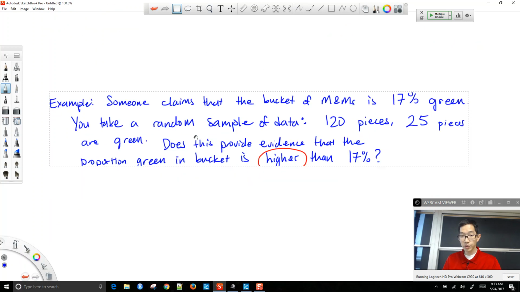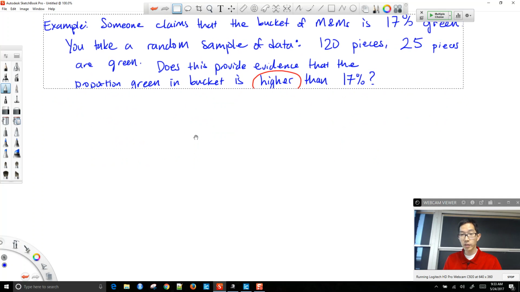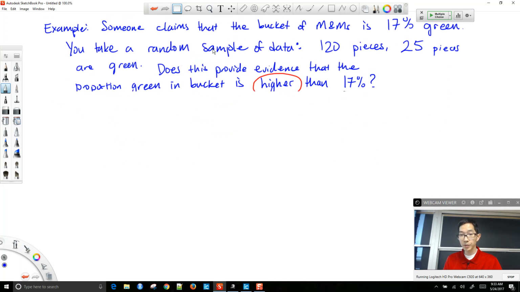So we'll start off, this will be our question here. Someone claims that the bucket of M&Ms is 17% green. You take a random sample of 120 pieces, and 25 pieces are green. Does this provide evidence that the proportion green in the bucket is higher than 17%?